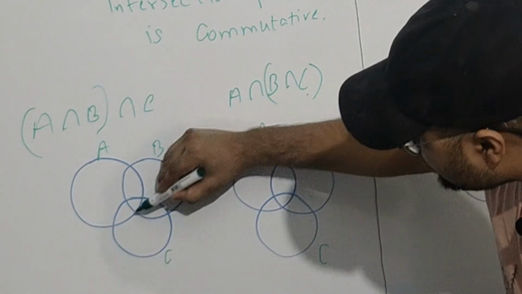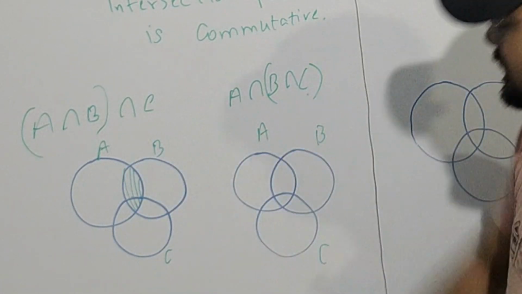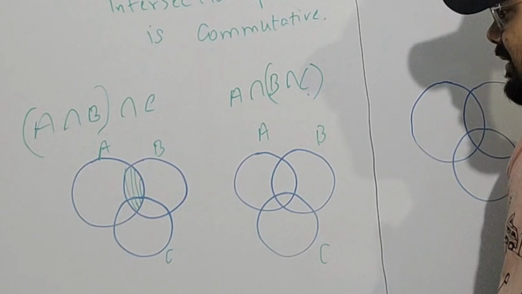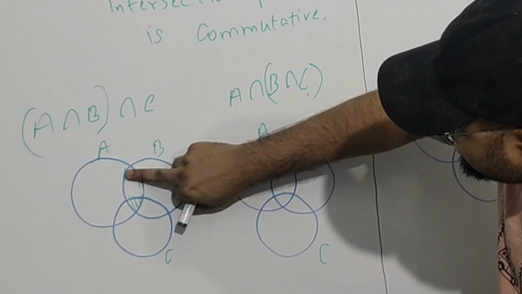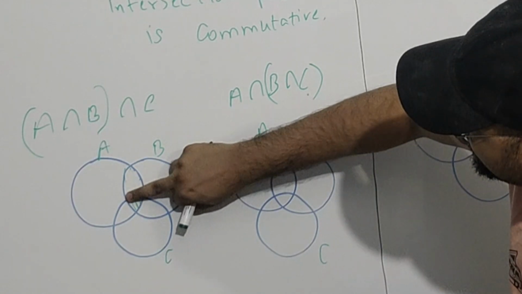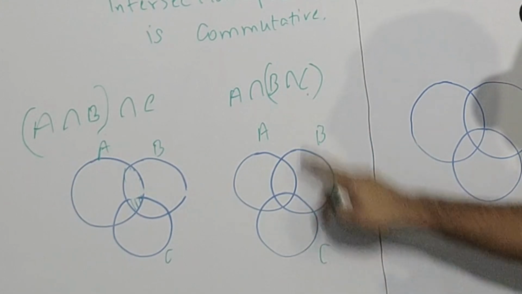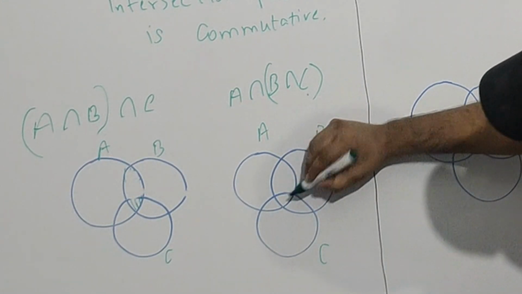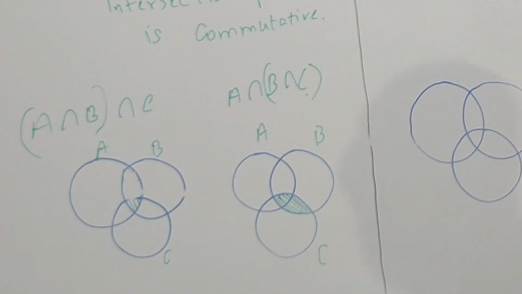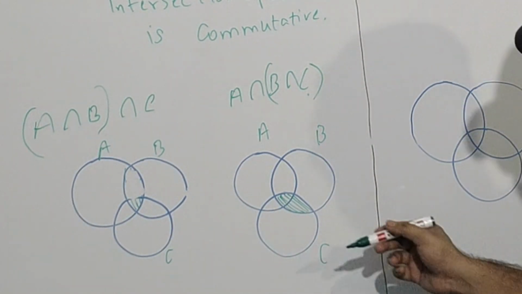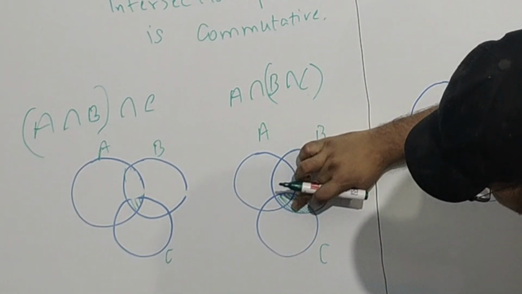A intersection B is all of this area. And then intersection C is only this part. In a similar way, when you do this, B intersection C is all of this area, and A intersection B intersection C is just this part.